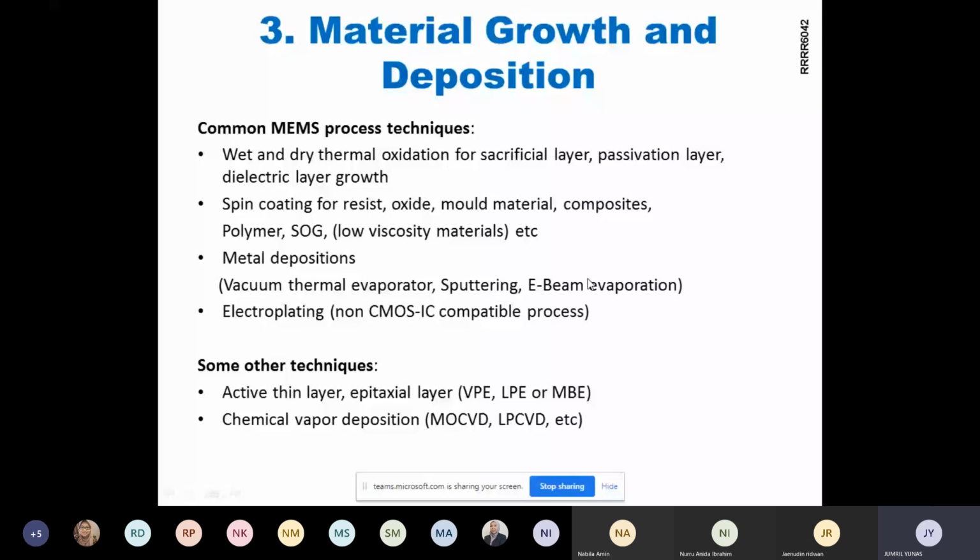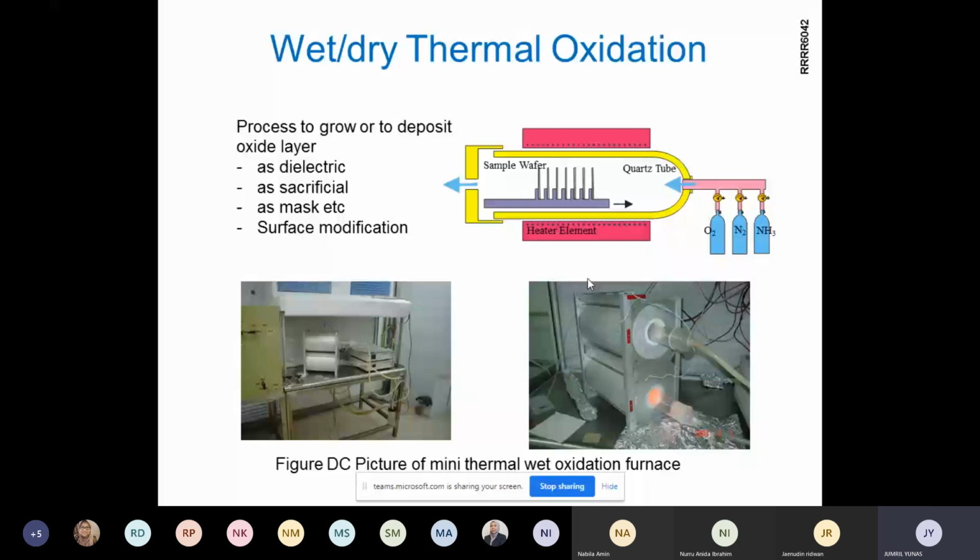Okay, this is one type of deposition process, namely oxidation. It can be divided into two processes: wet thermal oxidation or dry thermal oxidation. This is the process which is available in our laboratory.